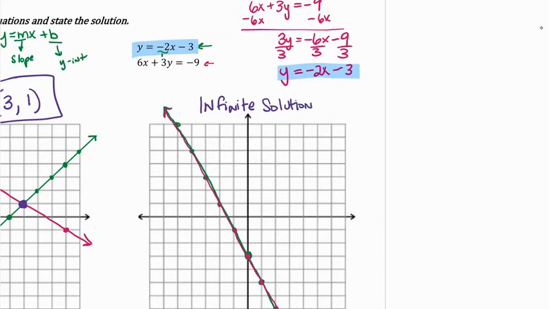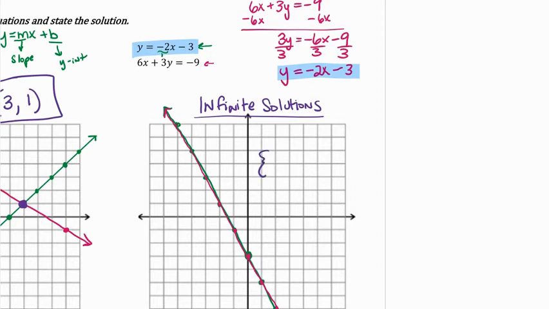Okay, now if the question asks you how many solutions there are, the answer is infinite solutions. I'm going to show you how you actually write what the solution is. I won't really grade you on this too much yet, but I just want you to see what it looks like. The solution is written in what's called set notation.